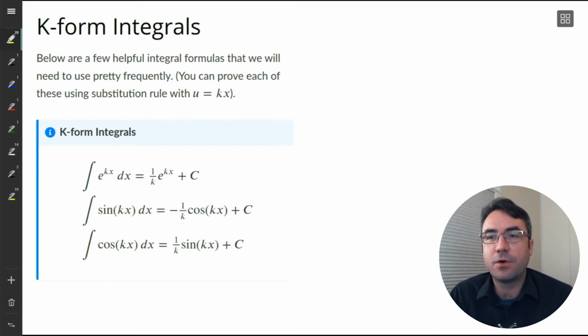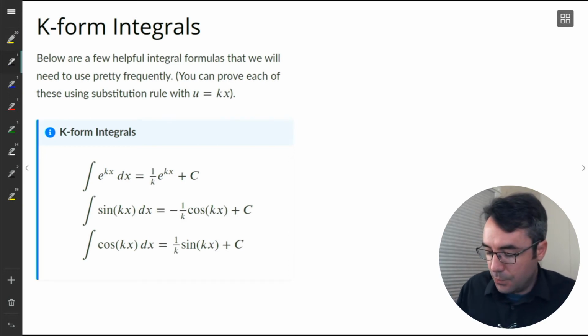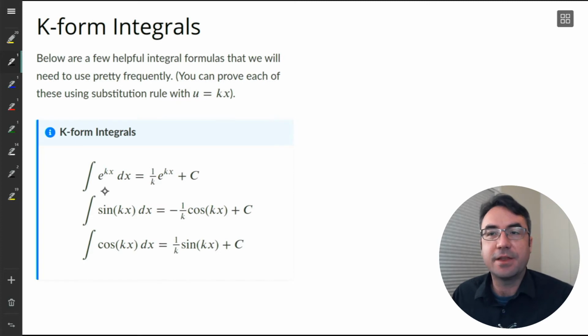So essentially in these forms, k times x is the inner function. For instance, in the first one, we have the integral of e to the kx, and calculating that antiderivative really is a substitution problem, but it's this nice, relatively easy formula to remember. So you'll probably just start remembering these as you do these problems.